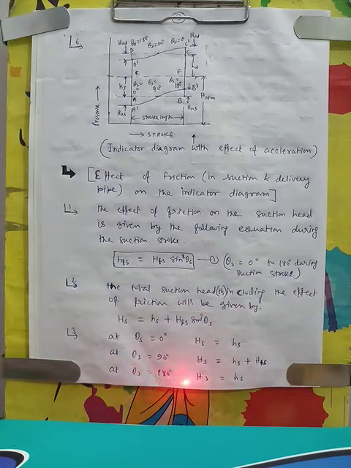And at 180 degree it will again be 0, so the head is HS. So at 0 degree the head inside the cylinder is HS, at 90 degree it is HS plus HFS, the maximum value of the friction head, and at 180 degree it is again HS.